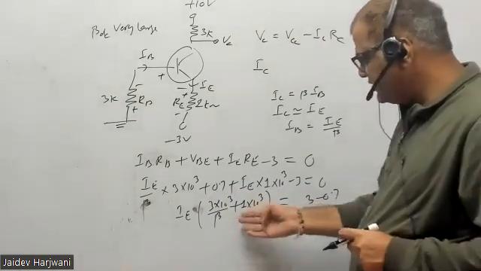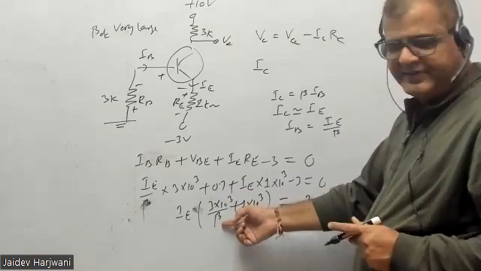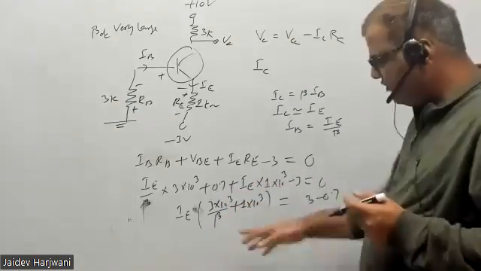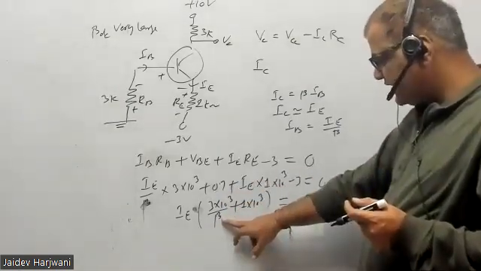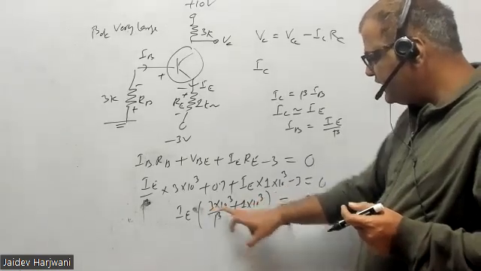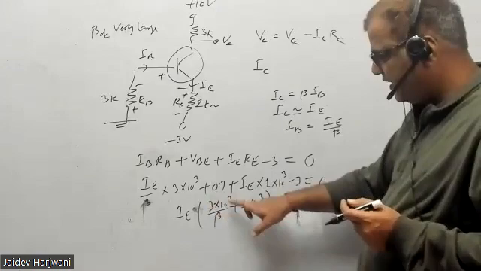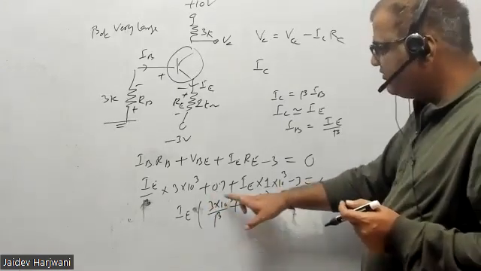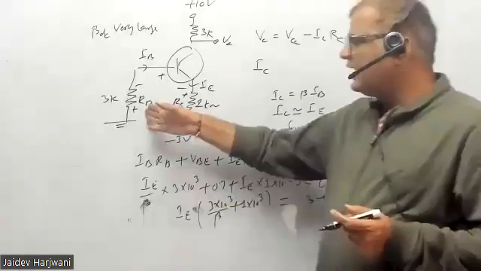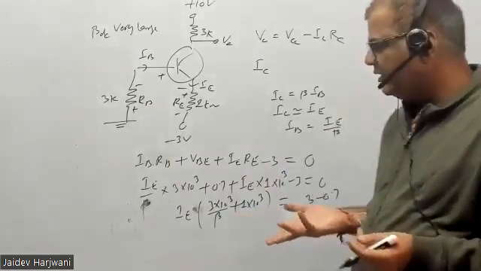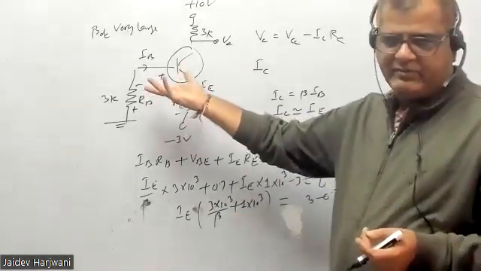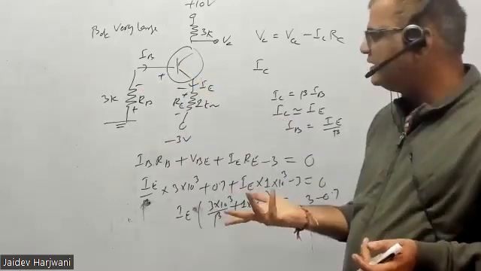Now this is 1 kilo ohm, this is 3 kilo ohm, but this beta may be very large. Suppose you take even 100. If you take 100, then this becomes 0.03. This is 1. So this part you can always neglect. That means you can say IB is neglected, because IB is always in microampere.